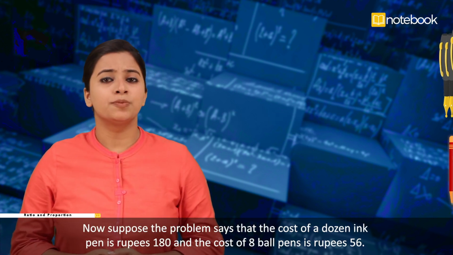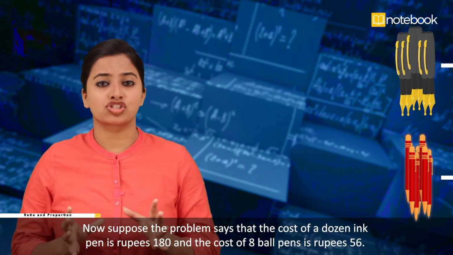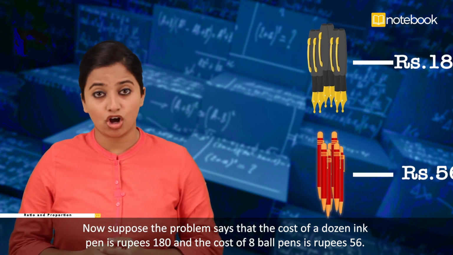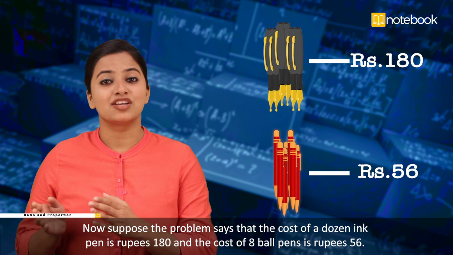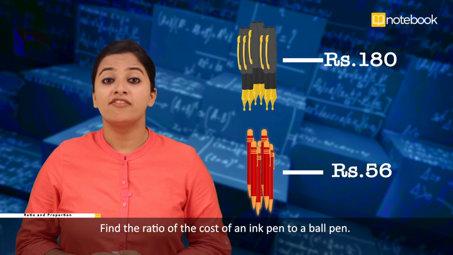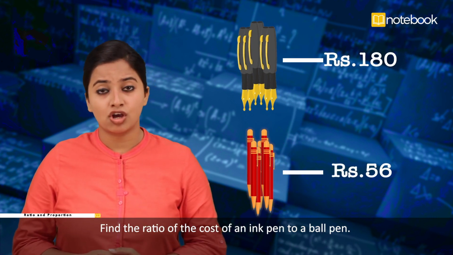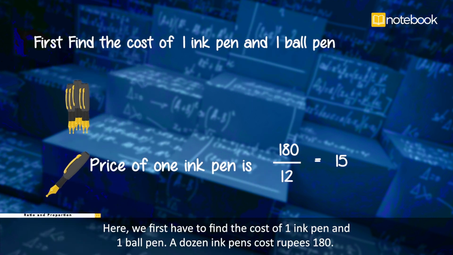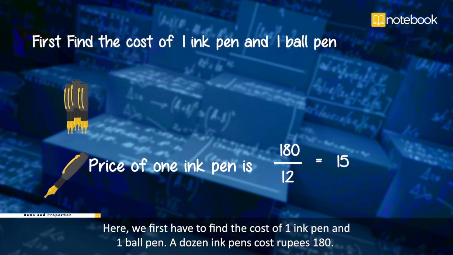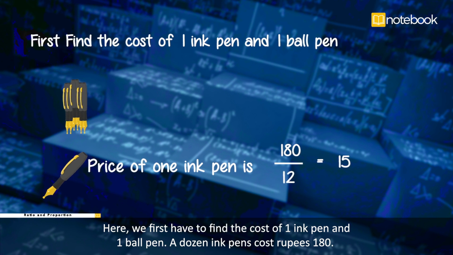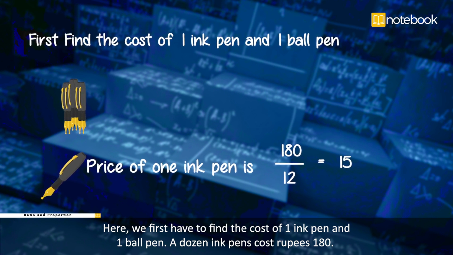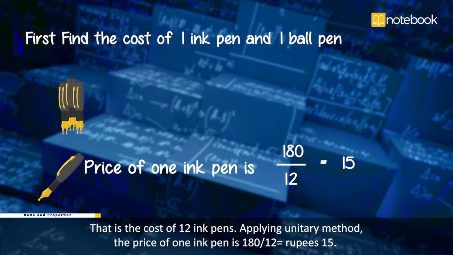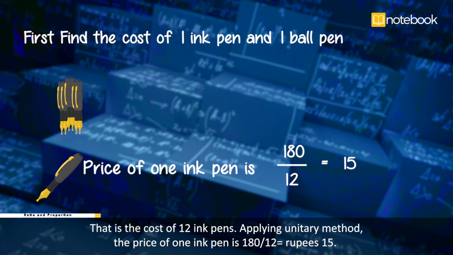Now suppose the problem says that the cost of a dozen ink pens is rupees 180 and the cost of 8 ball pens is rupees 56. Find the ratio of the cost of an ink pen to a ball pen. Here, we first have to find the cost of 1 ink pen and 1 ball pen. A dozen ink pens cost rupees 180. That is the cost of 12 ink pens.